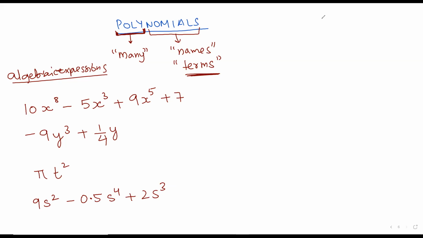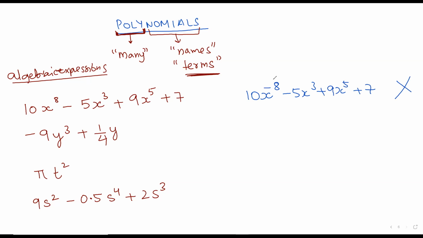And now, what is not a polynomial? If I take the first polynomial and replace the power with a minus sign, 10x to the power minus 8 minus 5x cube plus 9x to the power 5 plus 7, this is not a polynomial.